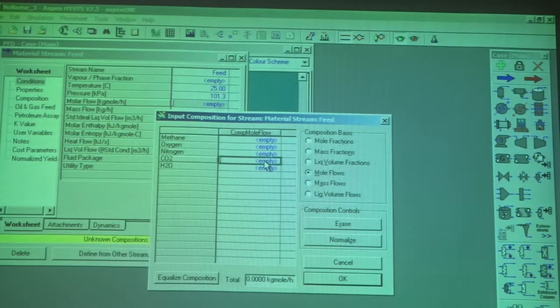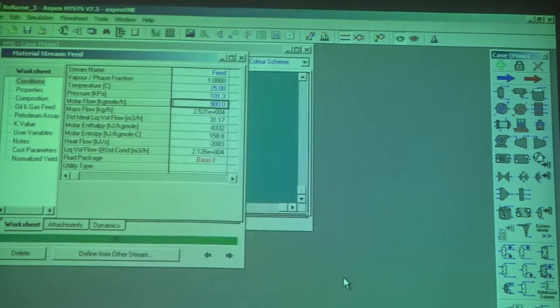So CO2 is 0, and water is 0 because these are products, and methane is 100, oxygen is 300, and nitrogen is 500. I'm going to click on OK, and now this stream is well defined.